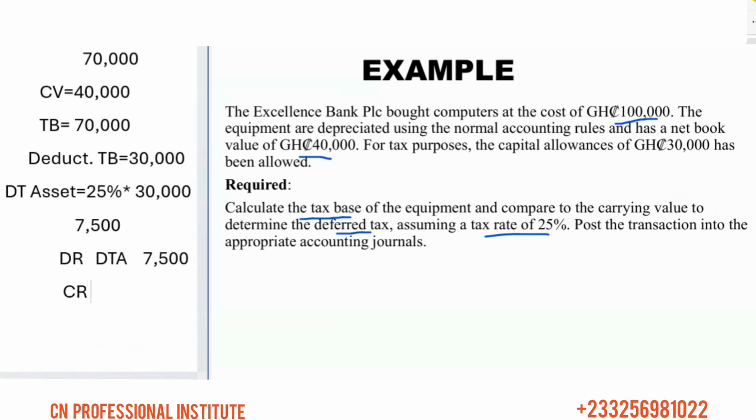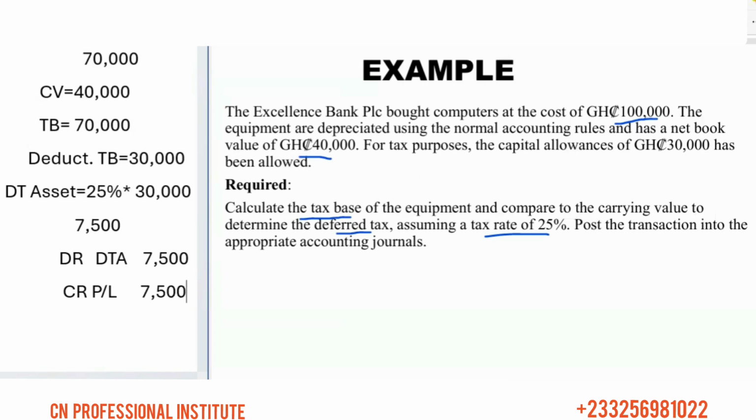So you credit P&L or income tax expense. Please write it either way. Or you credit income tax expense. I think income tax expense will be more appropriate because that should be used to reduce the income tax expense. It could be a challenging question.